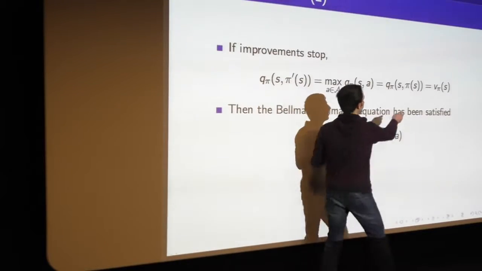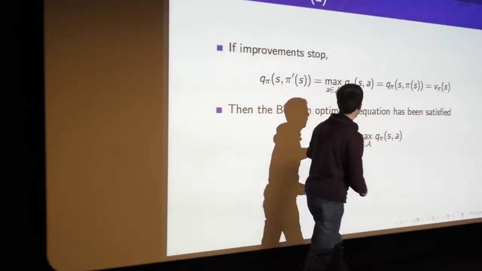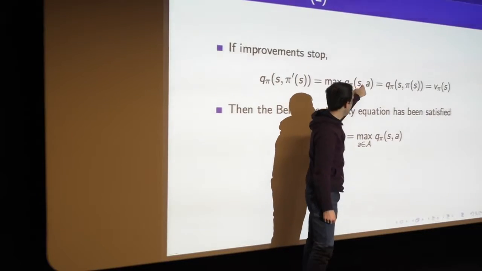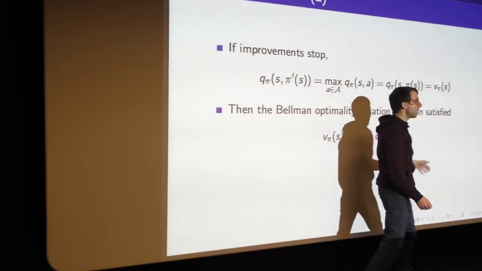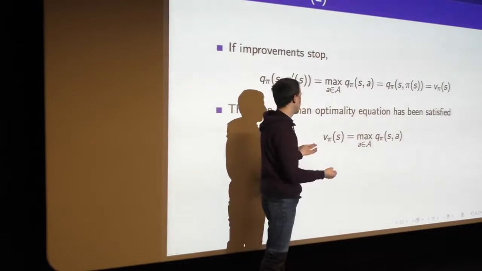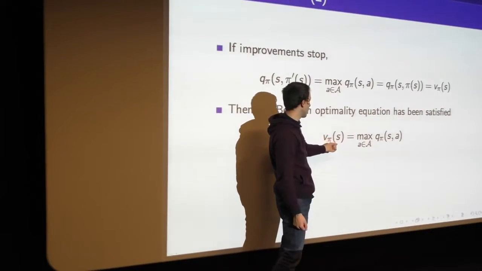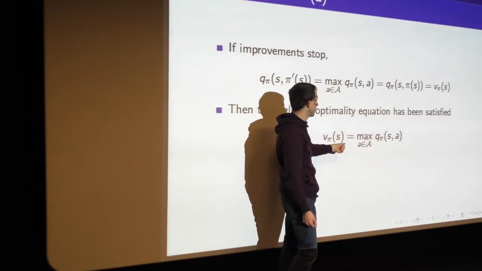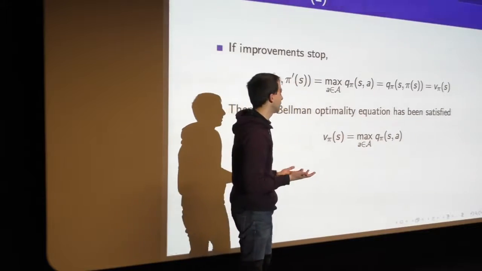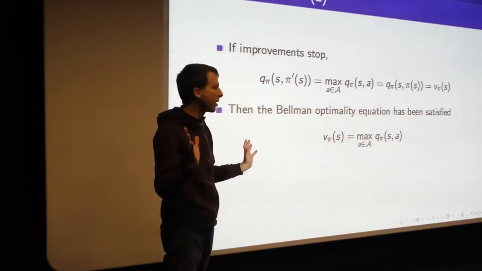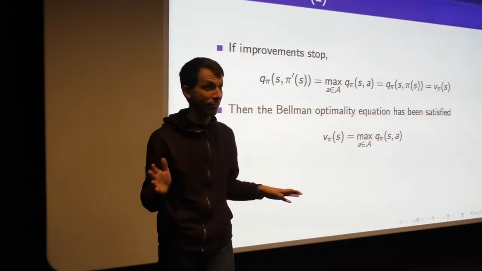We've got v pi here, and we've got the max q pi here. So we've said this is equal to this, and that's one form of the Bellman optimality equation: the value of state S is equal to the maximum over the q values. That's the one-step look-ahead form of the Bellman equation that we saw in the last lecture.